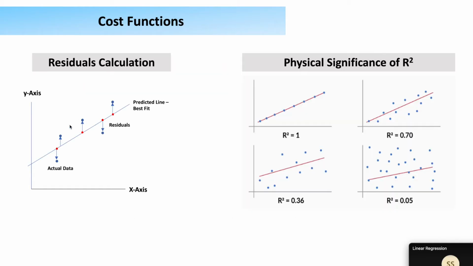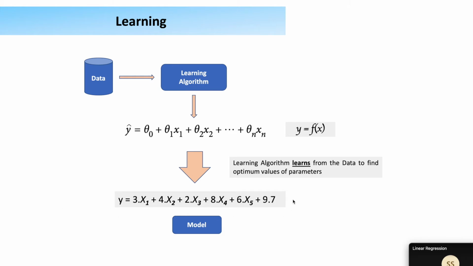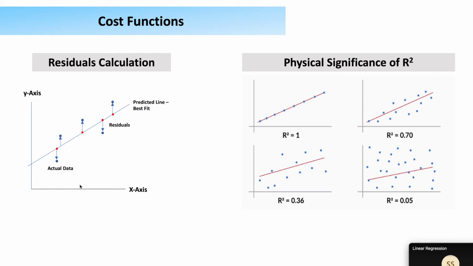This line is a best fit line, and it represents the equation that our model has found out through its learning process. Then after the model has found out the best fit line, you predict. Predict using what? Using the x values that you have got. And what do you predict? You predict the value of the target, that is the y value.